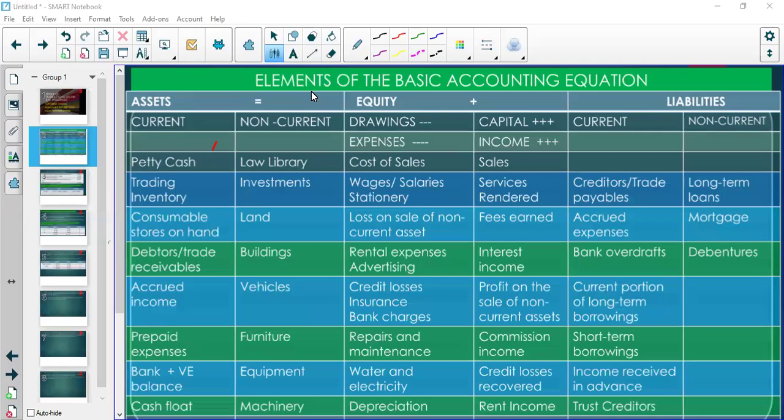So I would like to assume that most of you do not have an accounting background, and so my teaching approach will assume that you need the basic knowledge of accounting.